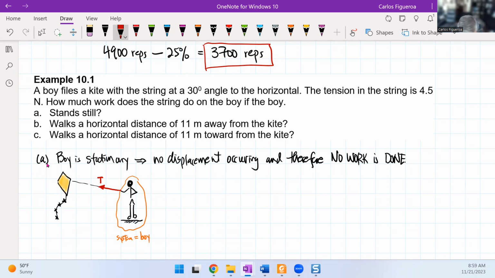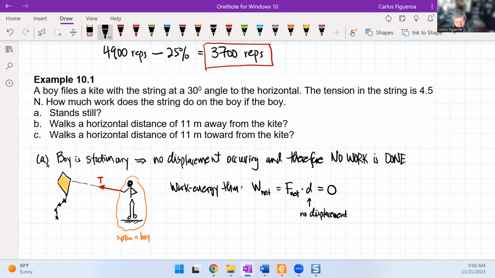So if there is a tension here, then from the work energy theorem, if there's no displacement, then the net work, we say no displacement, so therefore that work has to be equal to 0.